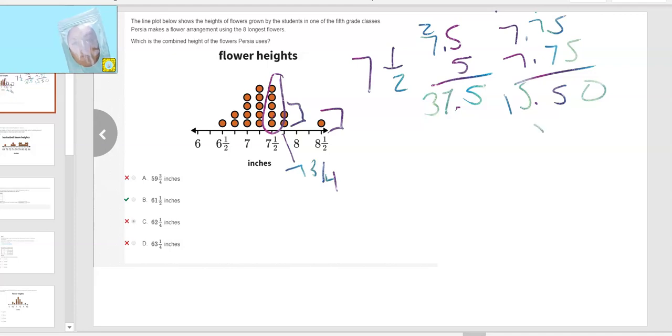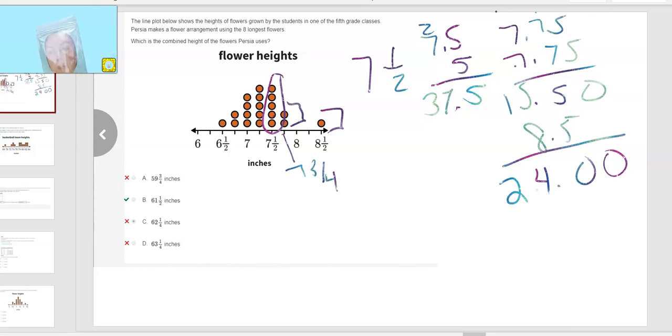So 15.50 plus 8.50 is, that's 10, 8, 6 is 14, 24, and you've got 1, 2, 3 decimals. No, that's not right. Okay, combined height, if you had 15.50 and you added 8.50 to that, then you'd have 24.